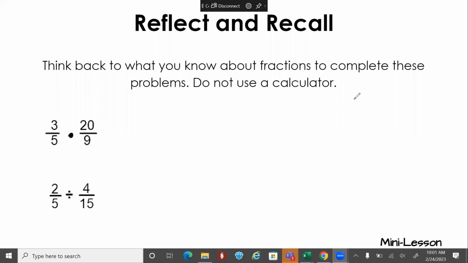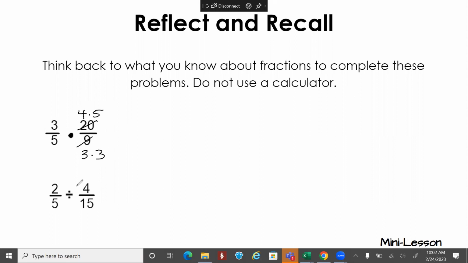Probably a good idea to go back to like 4th grade, maybe 6th. When you were doing these, there were two different ways that you could do it. You multiply across, that's fine. Or you could break 20 down into factors, like 4 and 5, and break 9 down into factors, 3 and 3.